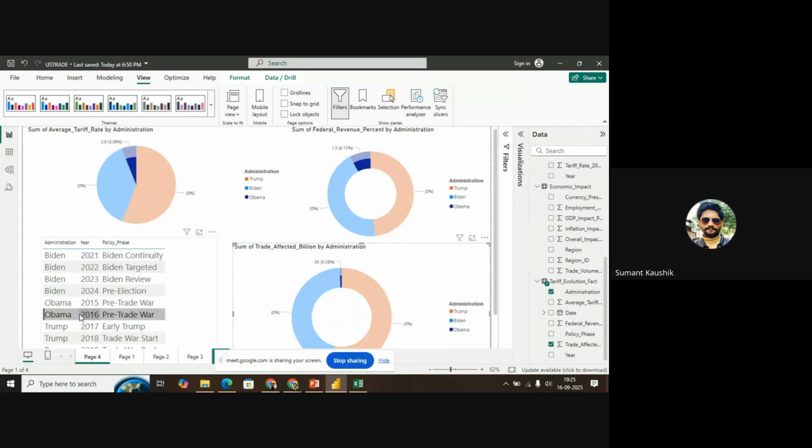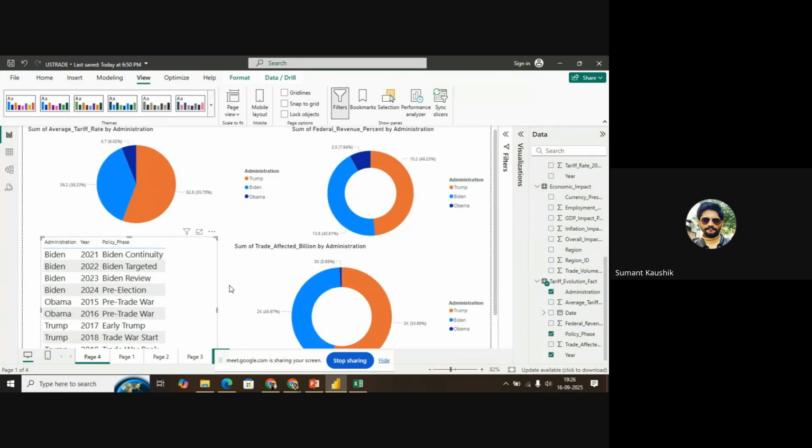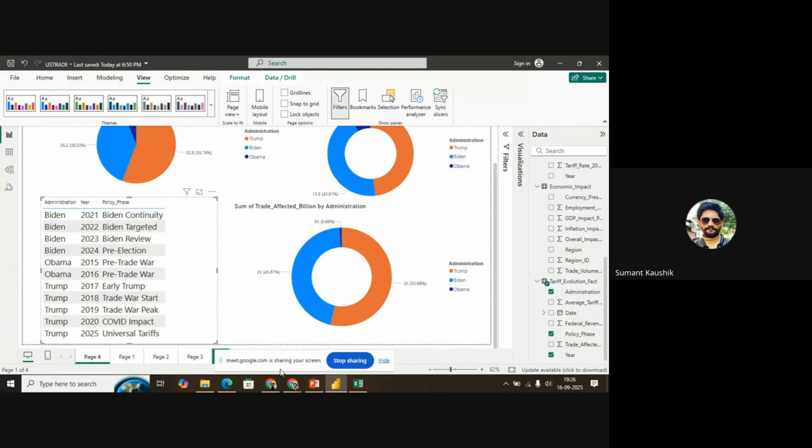So if we talk about the Obama period, we can see in all the graphs that average tariff was the lowest, federal revenue percent was also the lowest, and the trade affected was also the lowest amount. I hope it is clear to everyone. Now we come to the period of Biden.